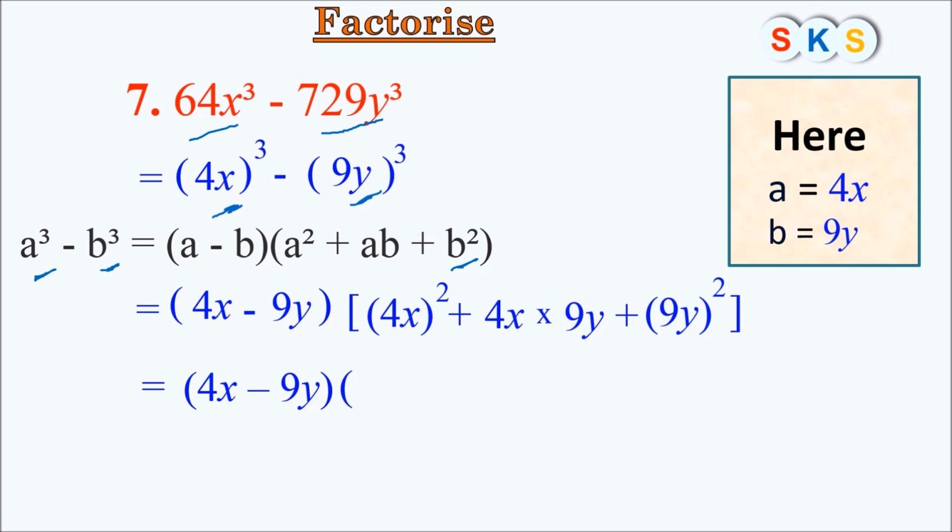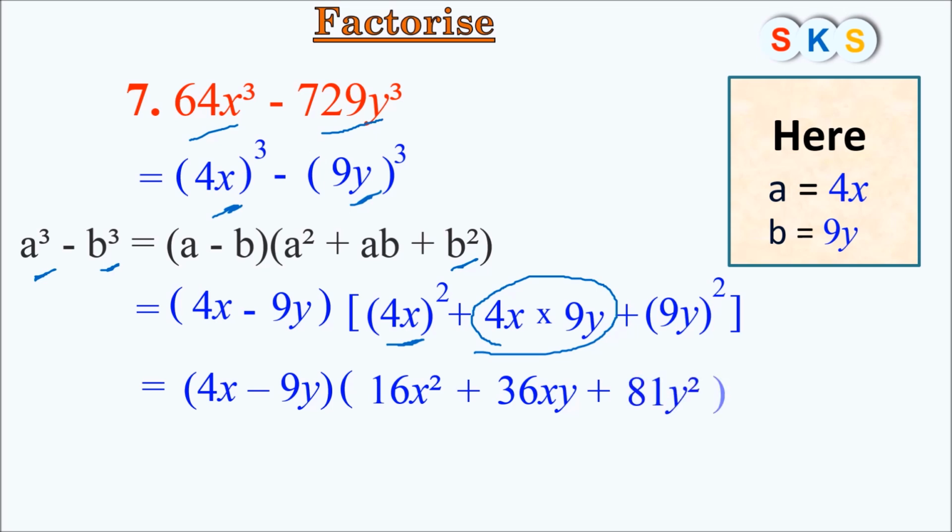In the second bracket, 4x the whole square would be 16x square, plus 4x into 9y, which will be 36xy, plus the square of 9y, which will be 81y square.